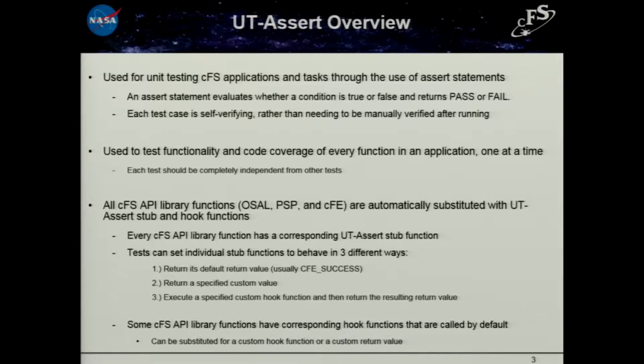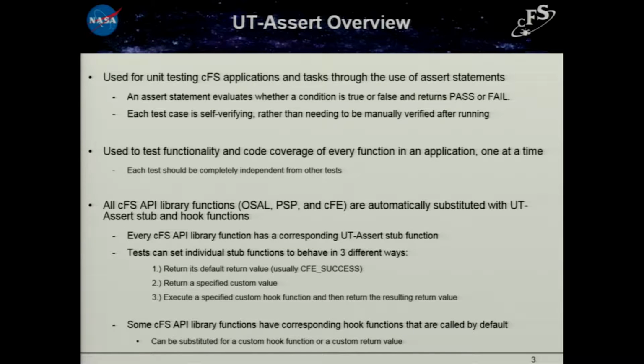So each API library function in the CFS has a corresponding UT Assert stub function, and stub functions can either return a value that you can set for it to return, or it can just return the default value, which is usually just CFE success or 0, or you can write a custom hook function to make it do something specific that you want it to do.